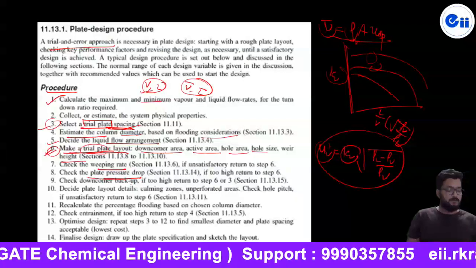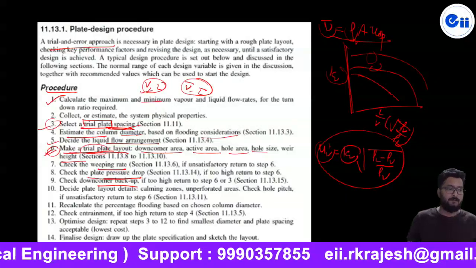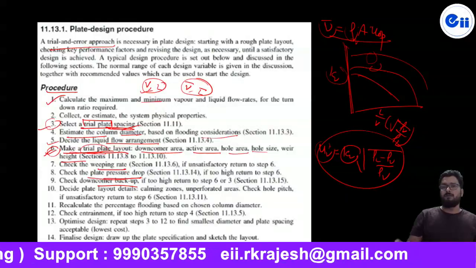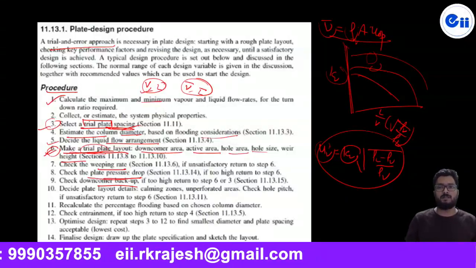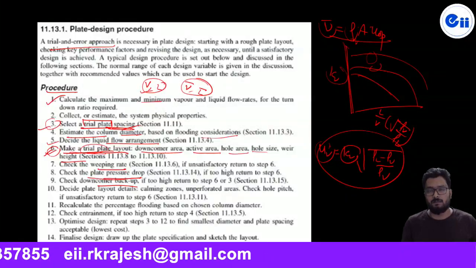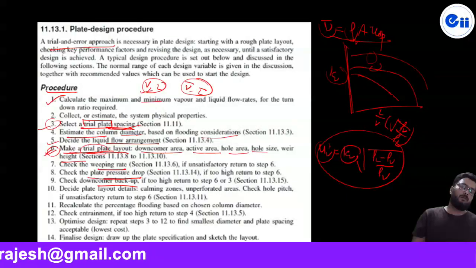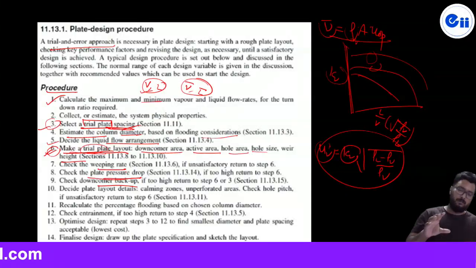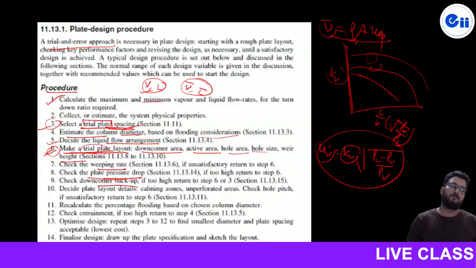Now thereafter we have to check the downcomer backup, because I've told you downcomer backup is very important, and I've discussed in the last lecture also that backup means height of the liquid in the downcomer. How much height of the liquid in the downcomer is, that will depend upon the plate pressure drop, second the height of the liquid over the trays, and third the downcomer frictional loss.